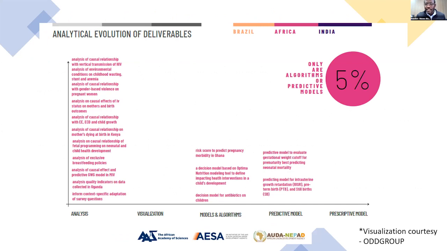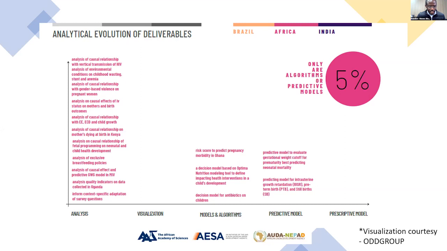Meaning therefore that there is a great opportunity, that's the way we usually look at it, for work to actually progress more towards visualization, models and algorithms, predictive models, and probably eventually prescriptive models, of which we can start getting products out of the innovators that we have on the continent.